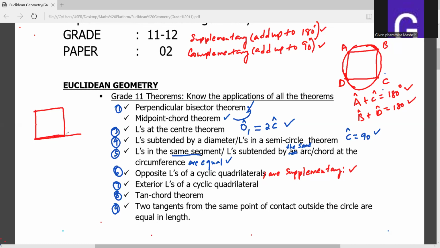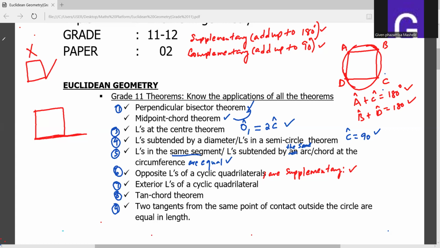You see, this is a straight line being extended. I'm not talking about when it's like this. You cannot talk about an exterior angle in that. I'm talking about a straight line that is being produced from that quadrilateral, so you need to be careful.